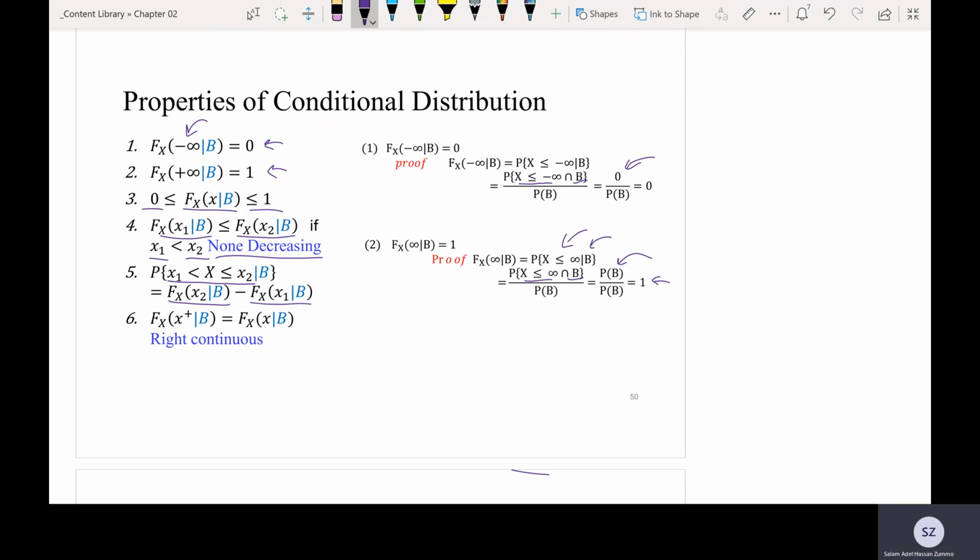As I mentioned, when we condition, you have a new sample space, so all the different properties follow, no change. And it's continuous from the right. Further, I want x bigger than or equal to x1 and less than x2. Here, equal and less than.